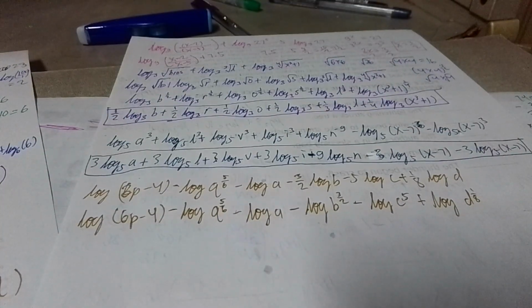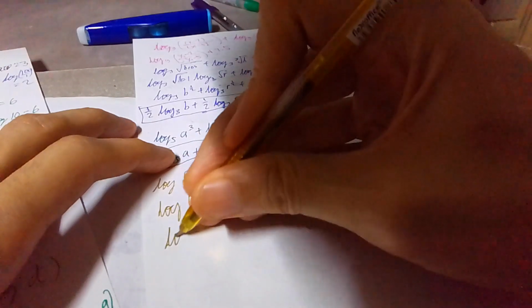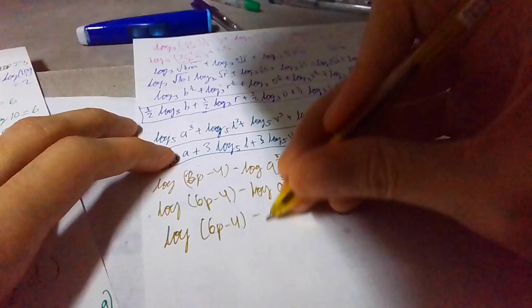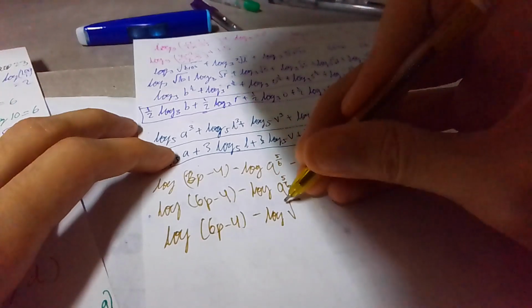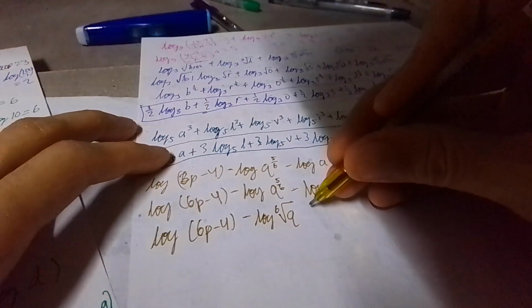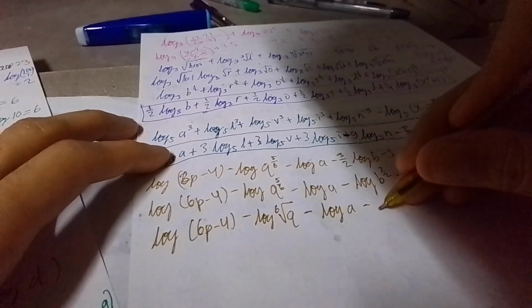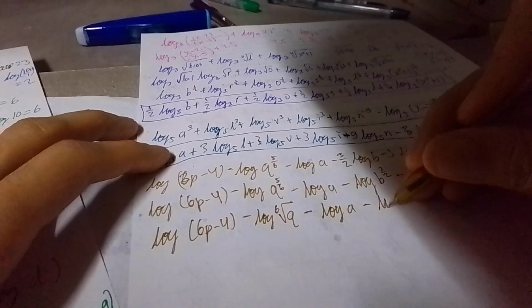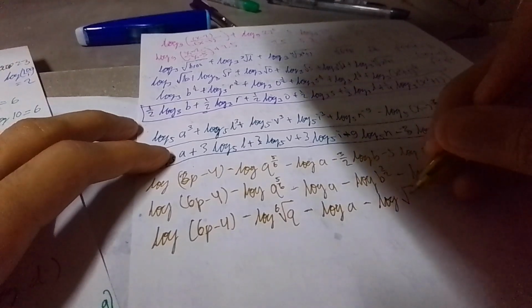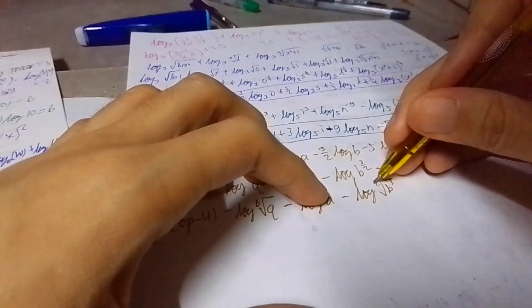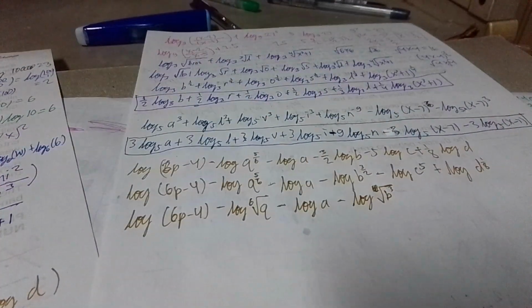Now, we can translate all the fractional exponents into roots. So we have this log of 6p minus 4 minus log the 6th root of q minus log of a minus log of b cubed that is being taken by a square root. Also, we don't need to write 2 anymore because it's already implied, it's already a square root.